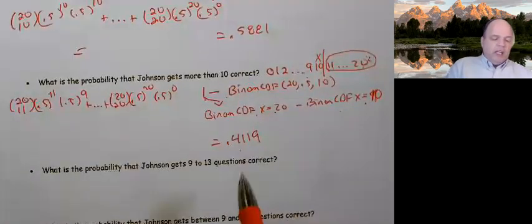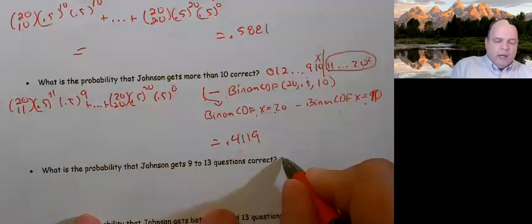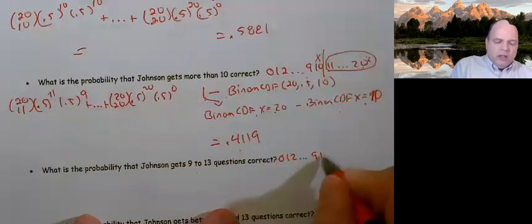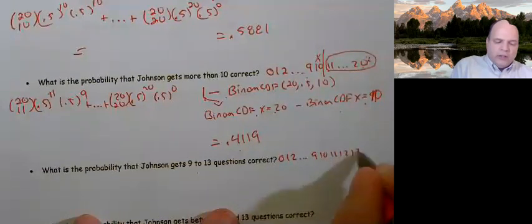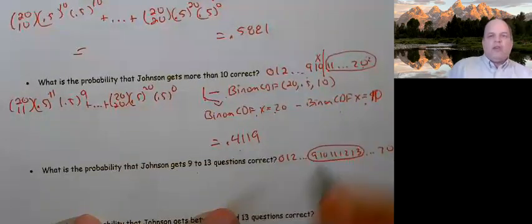What's the probability he gets 9 to 13 questions correct? So here we have 0, 1, 2, ..., 9, 10, 11, 12, 13, ..., 20. 9 to 13, that's here.